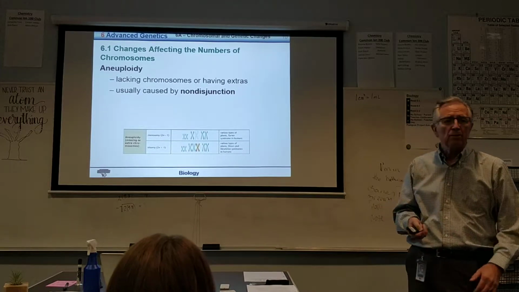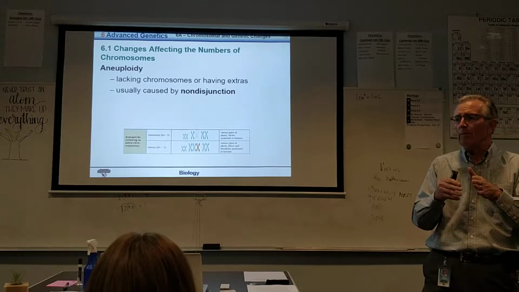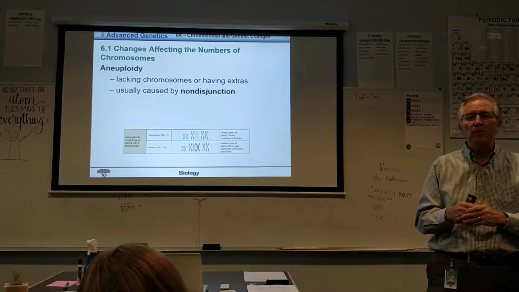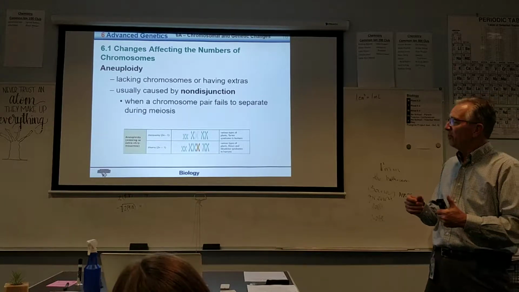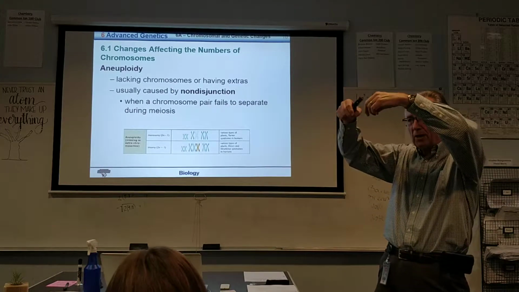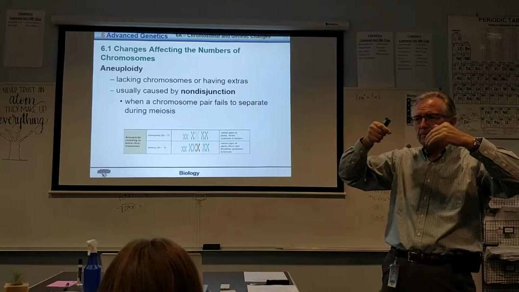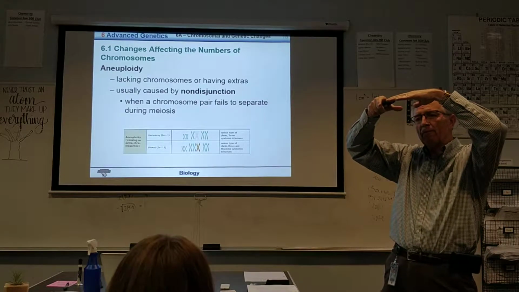And this is the process by which this happens, where you don't end up with everything having the normal set, a process that's called non-disjunction. Non-disjunction is when the chromosomes, remember, they line up at the center during metaphase of meiosis.